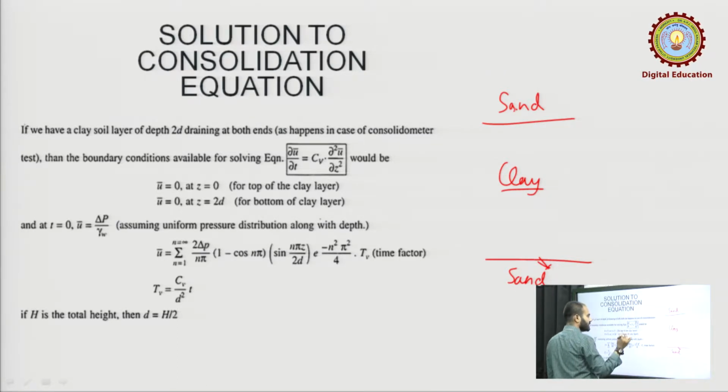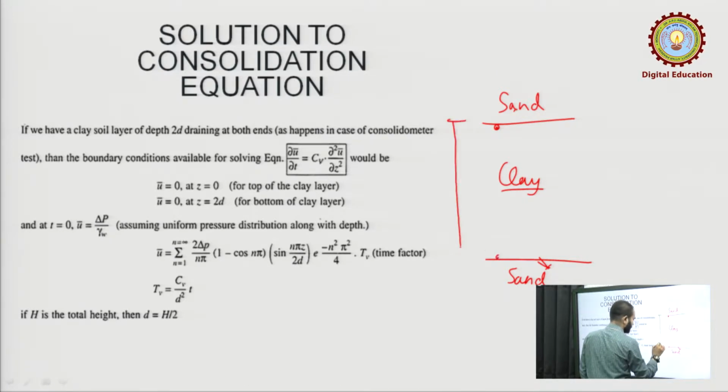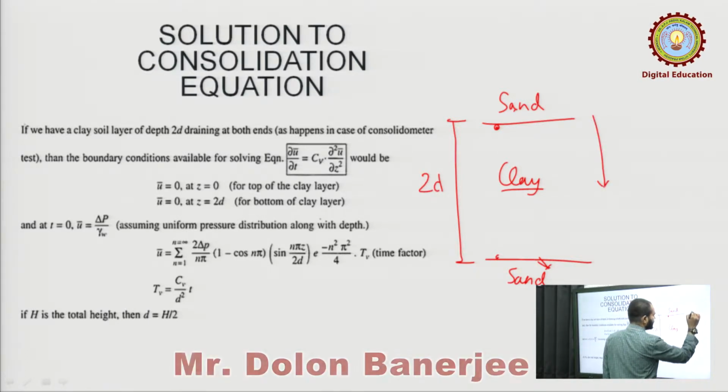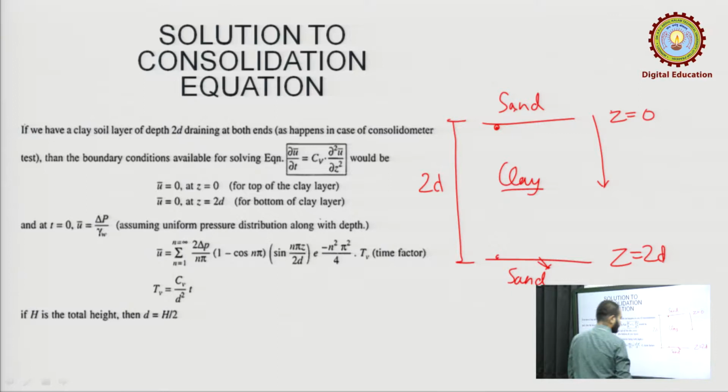Just think of the pore pressure here and the pore pressure here; this is of height 2d. From here we move down, so here z is 0 and here z is 2d. At this point, what will be the pore water pressure at 0?